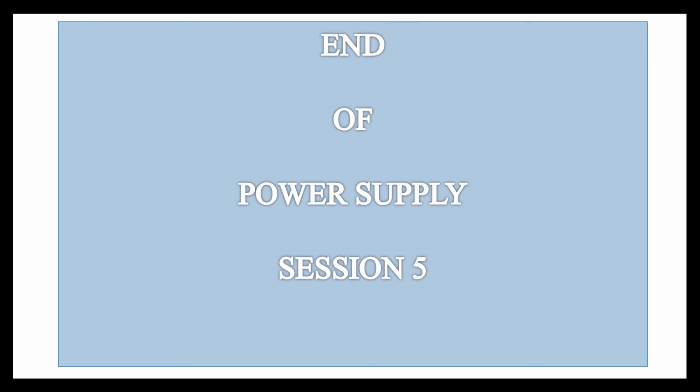In the fixed type, we have seen that for a positive output we use the LM 340 series, and for a negative fixed DC output voltage we use LM 320. Fixed type ICs are available from 5 volt to 24 volt, both positive and negative. Then we saw the adjustable voltage regulator, where by varying the resistance we can adjust the DC output voltage as per our requirement.